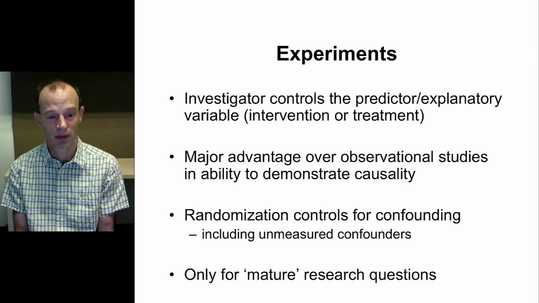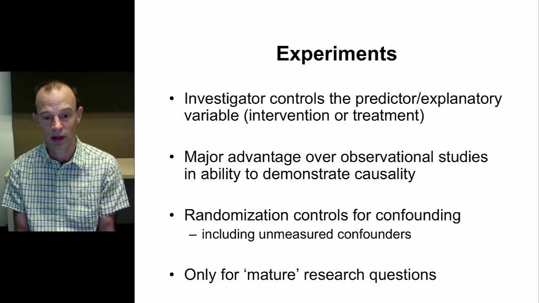And this allows for controls for potential confounding. That is, things that can affect the outcome that are not your primary variable of interest, and may affect both the exposure variable and the outcome variable.